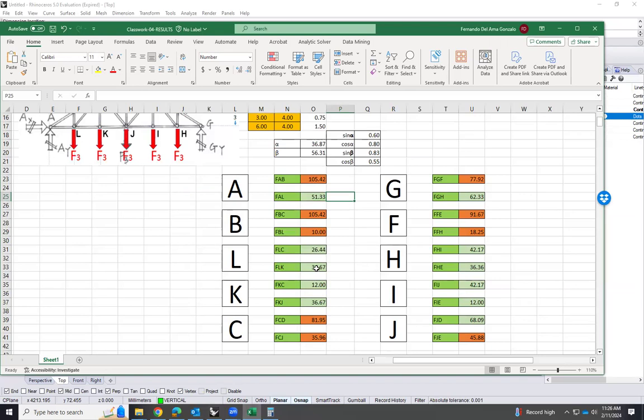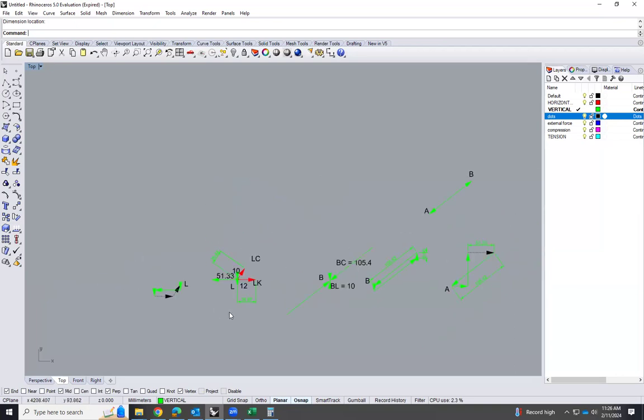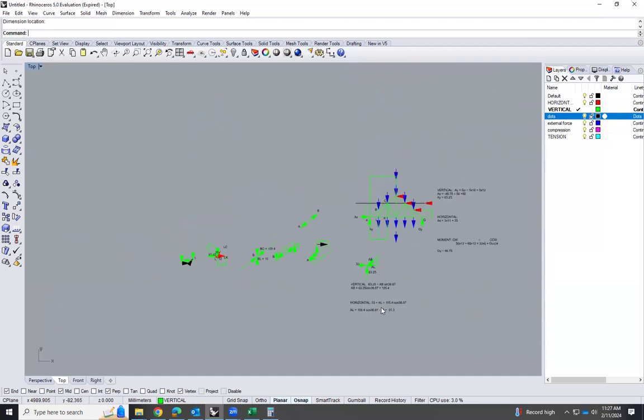LK, it's 36.67. LC, it's 26.4. So we have exactly the same values. I told you that I find this easier because I tend to draw things. We can always do the maths to see if it's the same.